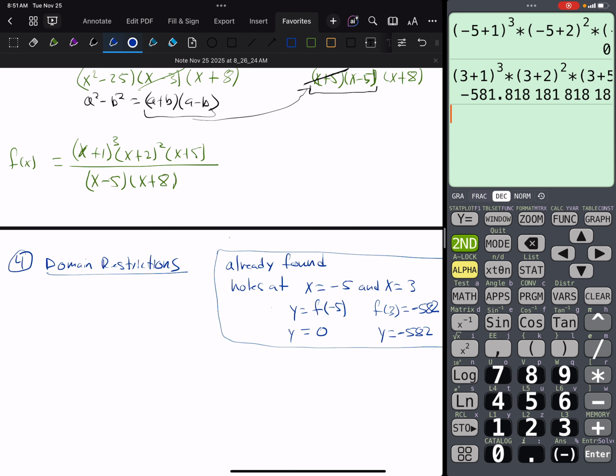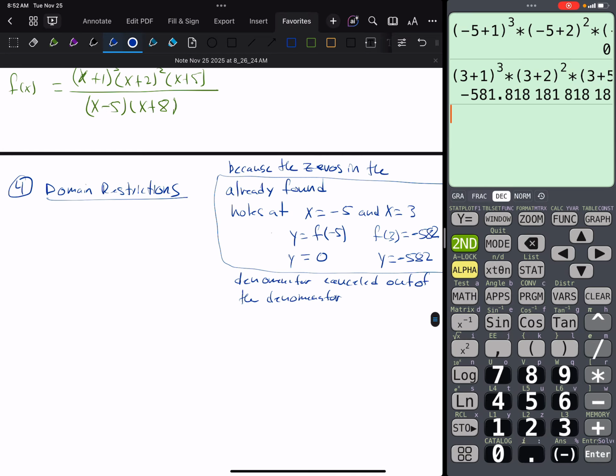Because the zeros in the denominator canceled out of the denominator, what that means is that every place other than 0, it was a number divided by itself, which was 1. 1 times the rest of this is just whatever the values of the rest of this are.